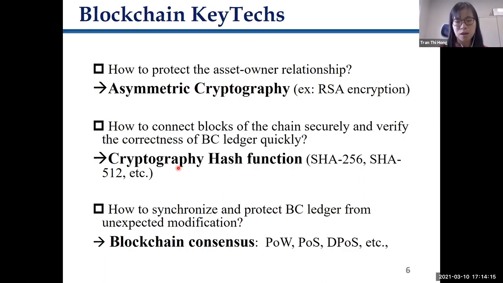We don't know. Therefore, we need a mechanism to force the miners to work honestly, and this mechanism we call blockchain consensus, such as proof of work, proof of stake, delegated proof of stake, and so on.